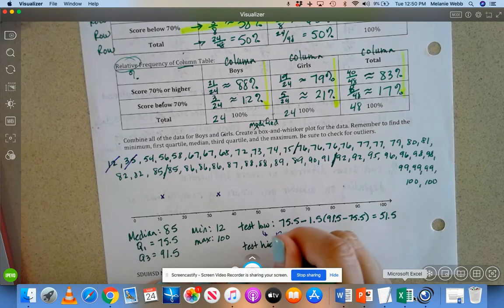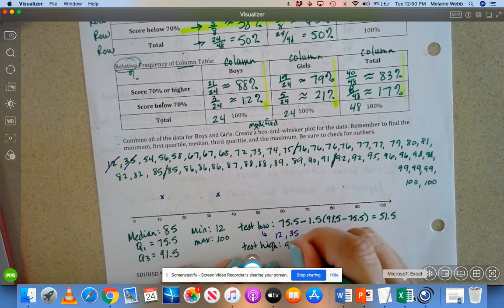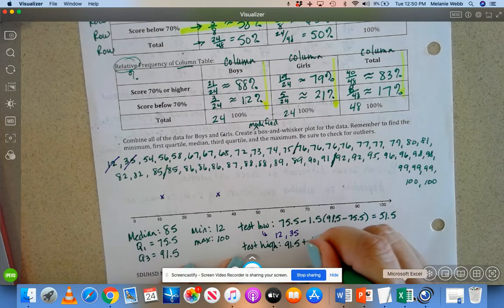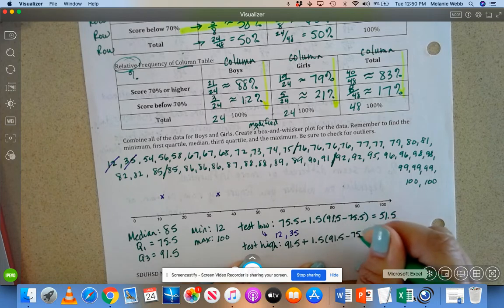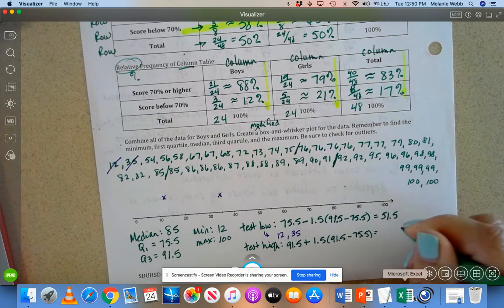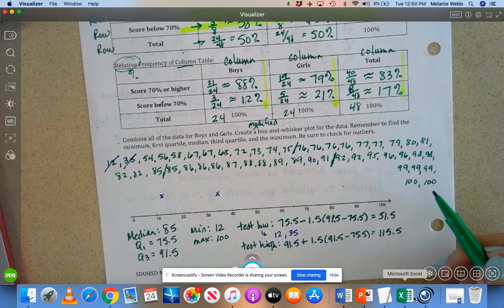I take Q sub 3, 91.5, and add 1.5 times the interquartile range, and I get 115.5. There are no scores above 115.5, so I don't have any high outliers.